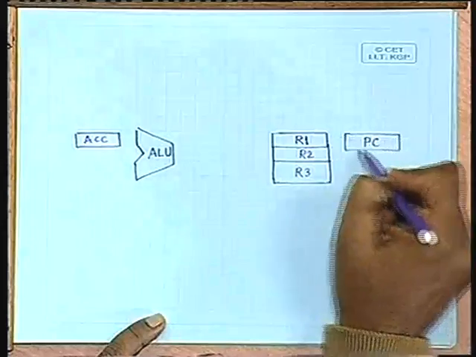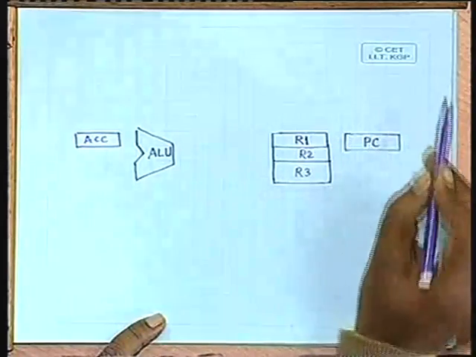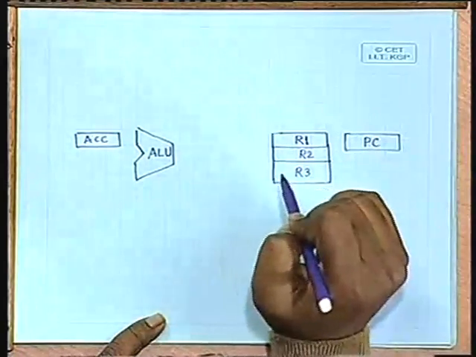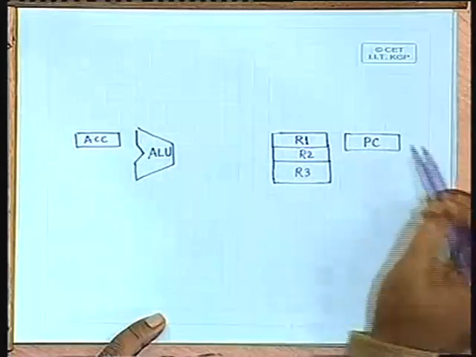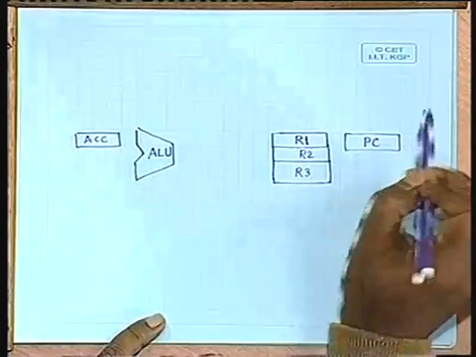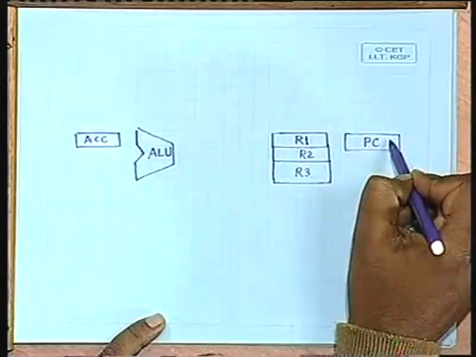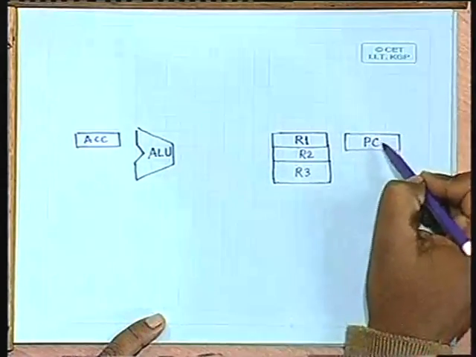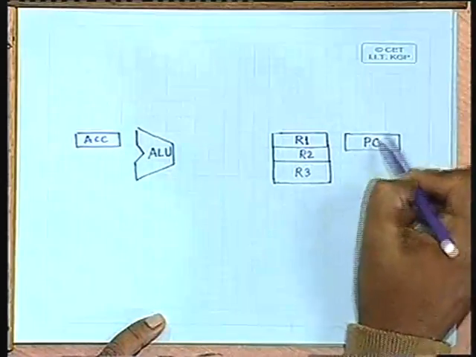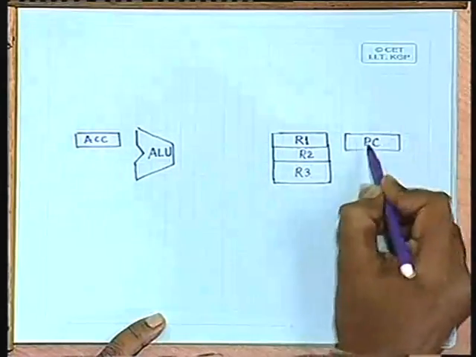So, the previous value of the program counter must be saved, so that when execution of that particular function is complete and I come back to my main routine from where the function was called, I must be able to restore the previous value of the program counter.